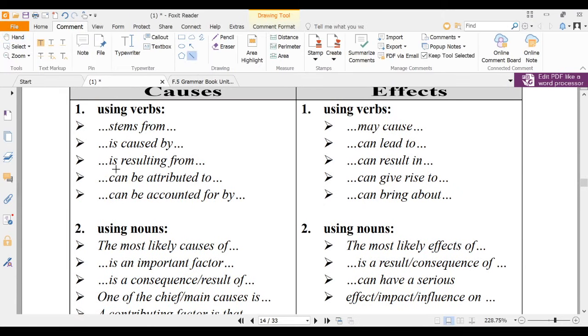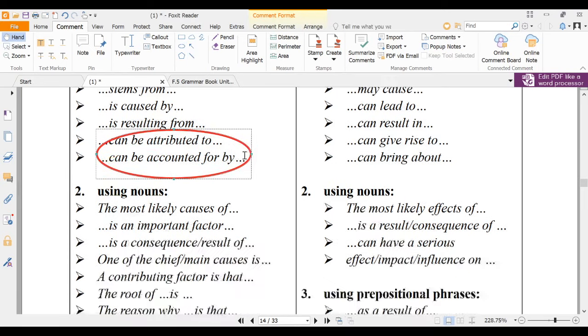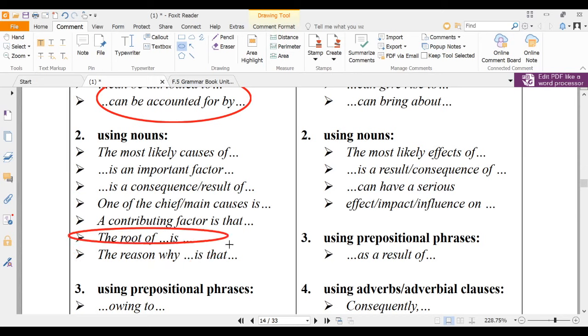We don't always use caused by or resulting in, but these two, if you are really good at English and you know what you are doing, you can try these two. But they are not so common. Again, these are not so common, but the good ones again are the most difficult ones.